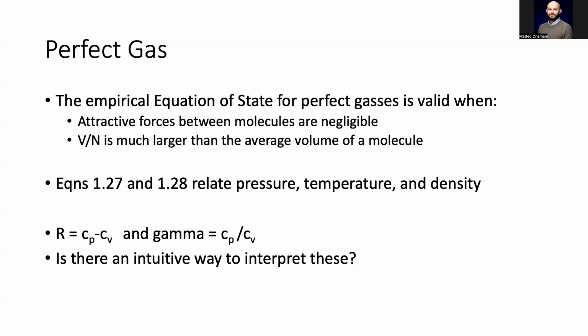Yeah, that's essentially what we're saying. If this thing here, V over N, the total volume divided by the number of particles, gives you an average size per particle, and that was smaller or on the same size as the size of a molecule, then they would be right next to each other. That's clearly not a gas. They're sitting right next to each other and bouncing into each other.